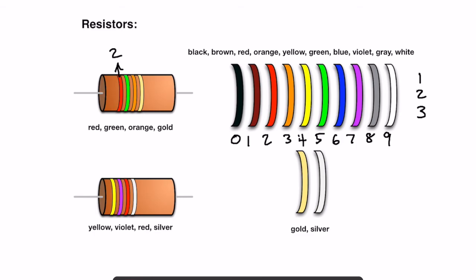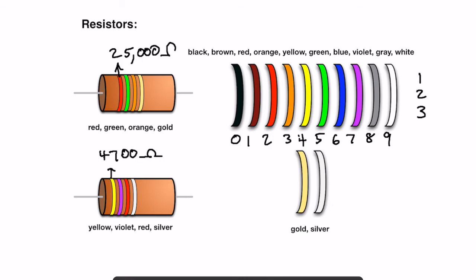If we have green, that's a 5. For the third band, you still use these colors, but it tells you the number of zeros. So orange tells us to add 3 zeros. Here we have yellow, that's a 4. Purple, that's a 7. And red is 2 zeros.